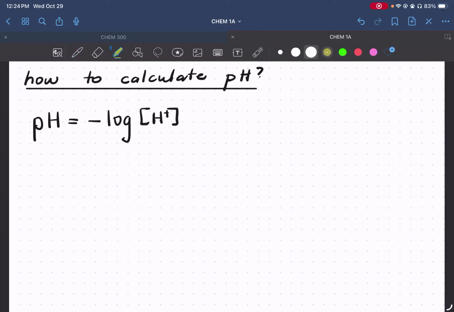And that P, that letter P, literally means negative log. So it is meant to be read as the negative log of the H plus concentration. P is identical to the function of negative log.